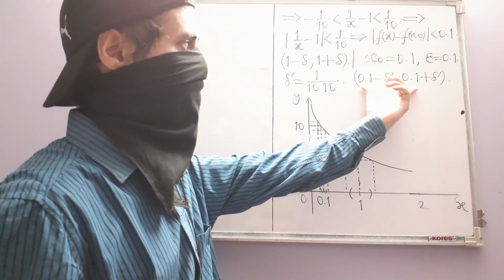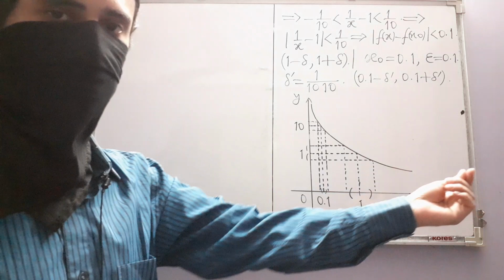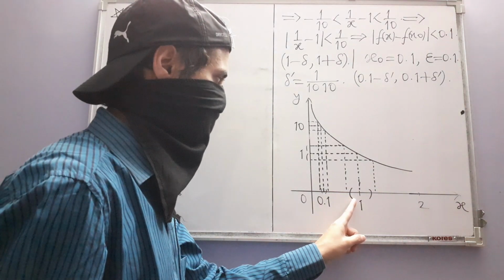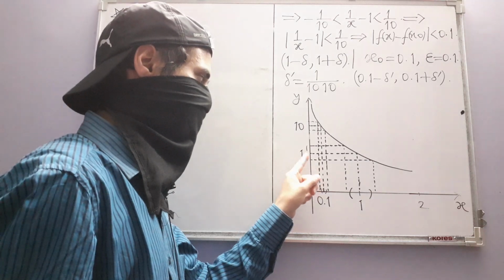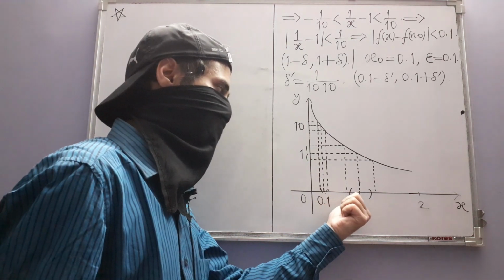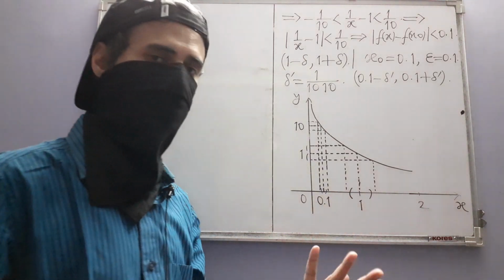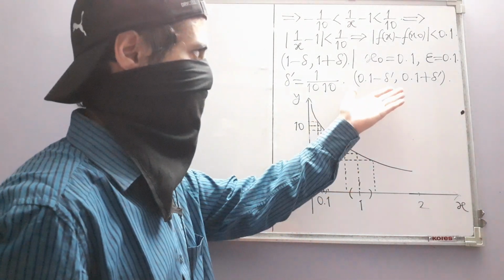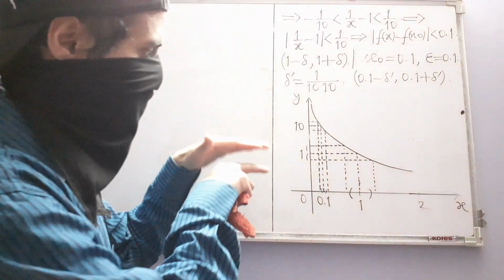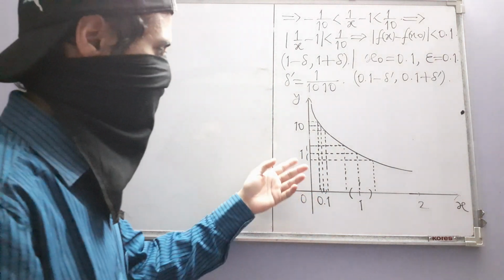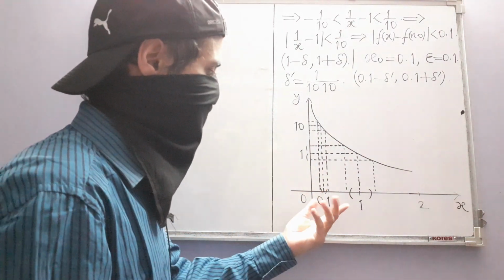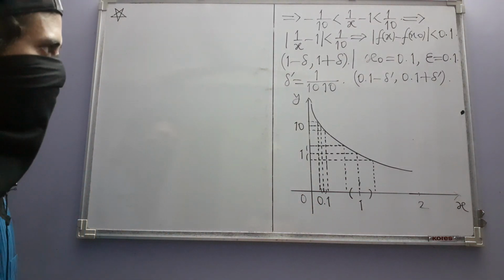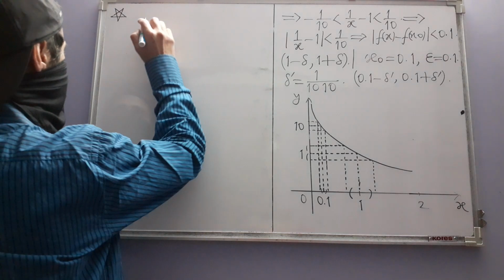In fact, the length of the island of stability is 2 delta. That delta, as we can see, depends not just on epsilon, but also on where we are considering the island of stability, around what point. So delta depends not just on epsilon. I mean, if you change epsilon, delta will likely change. But not just that, it depends on x naught as well.